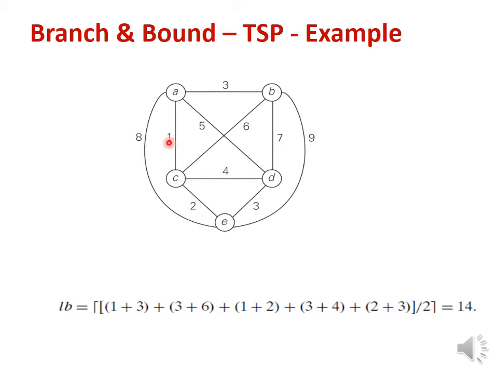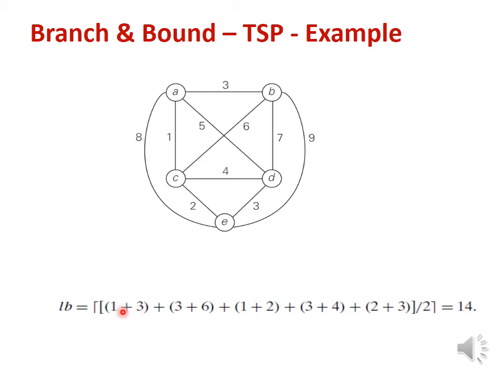The best two are 1 and 2, so 1 plus 2 let us take. Similarly for D, the distances are 3, 4, 5, 7. The best two are 3 and 4. And for E, it is 2, 3, 8, 9. The best two are 2 and 3.